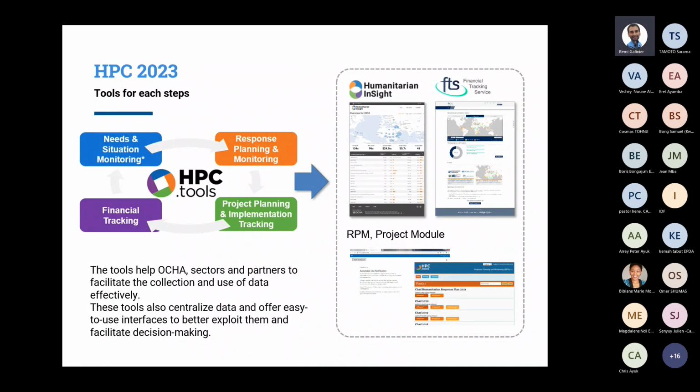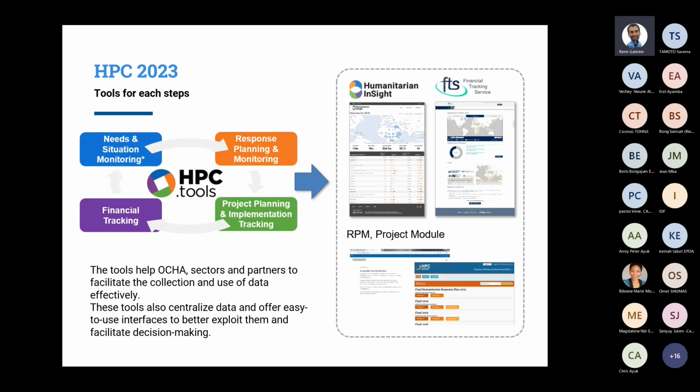As a reminder, we have many tools which support the different HPC steps. Probably few of you already know some tools like Humanitarian Insights or RPM or the project module or FTS. All these tools support the HPC in different phases of the cycle.